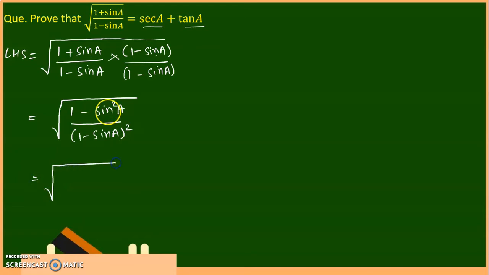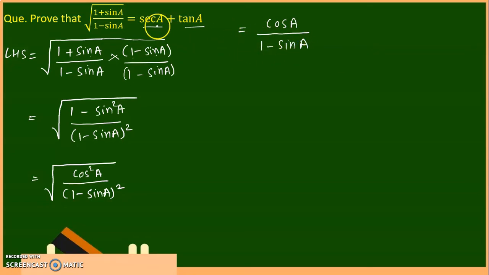So here 1 minus sin square A becomes cos square A divided with (1 minus sin A) whole square. So here the square and under root will be cancelled out. So we will get, this will be equal to cos A divided with 1 minus sin A. Now we have to convert this in the form of sec and tan.